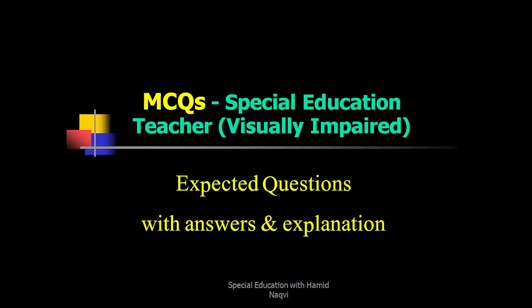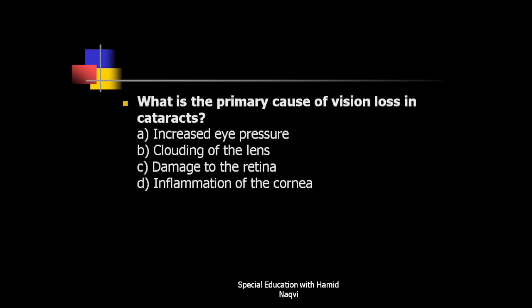Let's continue practicing MCQs relating to the visual impaired field. First MCQ is, what is the primary cause of vision loss in cataracts?